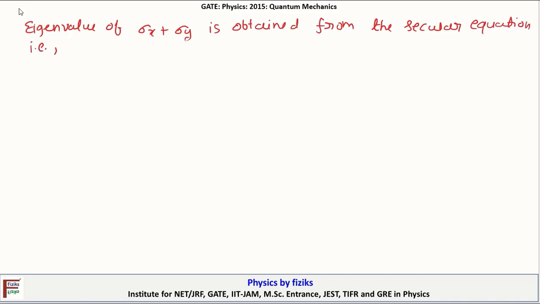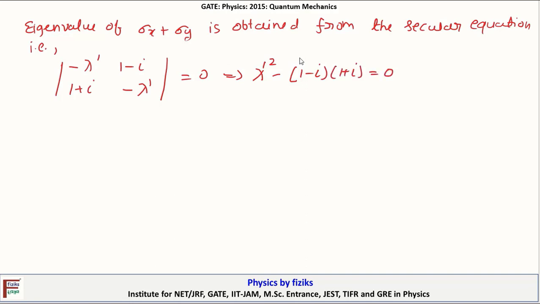That is, determinant of [minus lambda dash, 1 minus i; 1 plus i, minus lambda dash] equals 0, which implies lambda dash square minus (1 minus i)(1 plus i) equals 0, which implies lambda dash square minus 2 equals 0, and lambda dash would be plus or minus root 2.